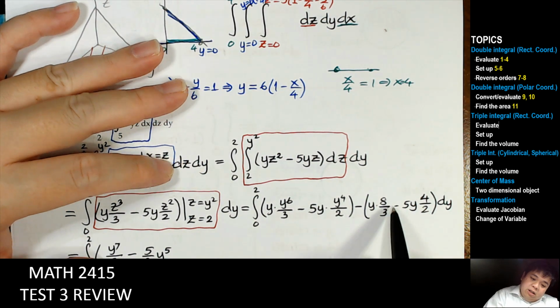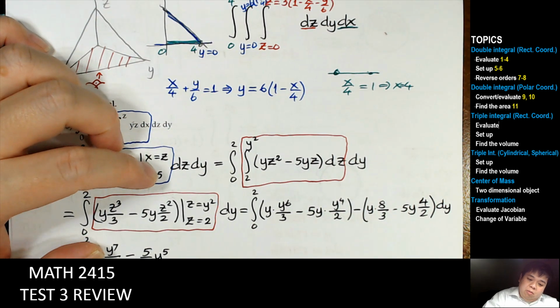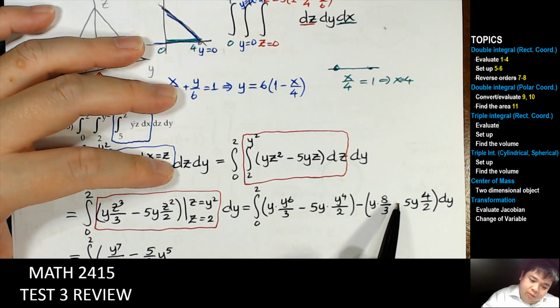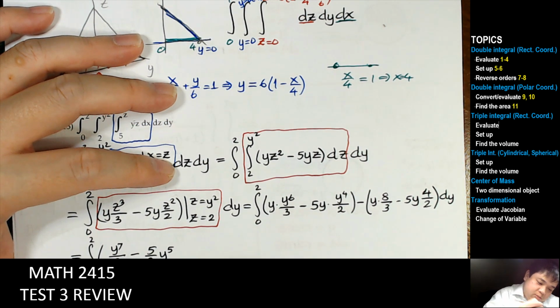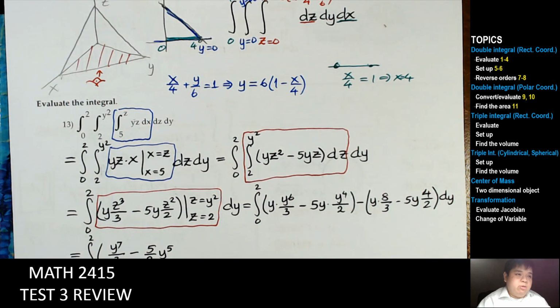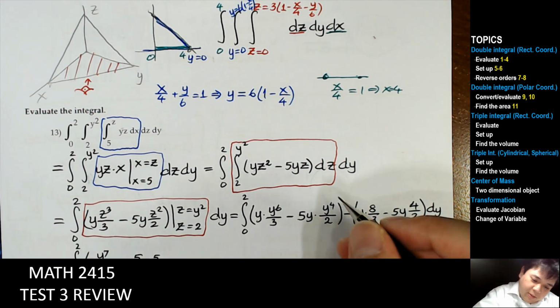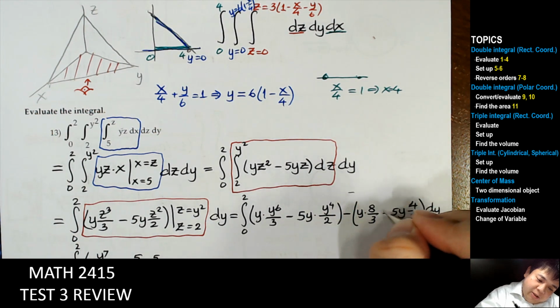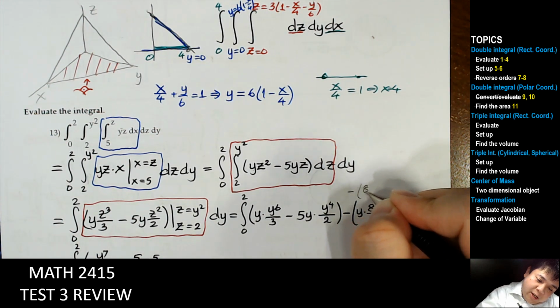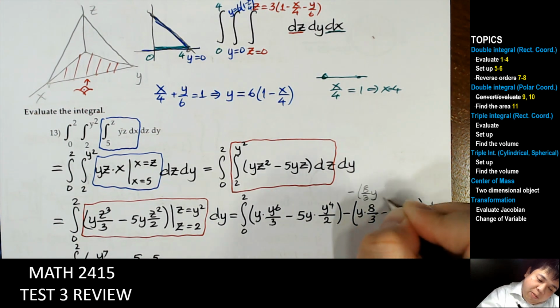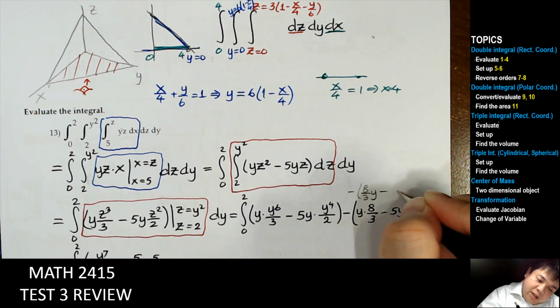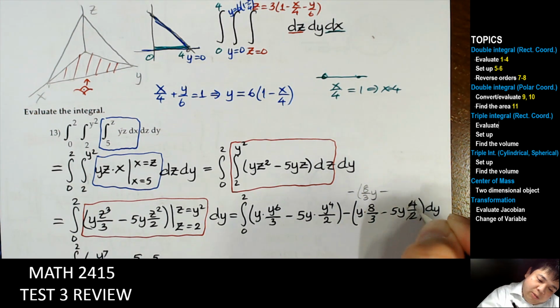And combine this, we have a over 3. That's 20, so we just need to be extra careful here. So that is negative a over 3 y minus 10y.